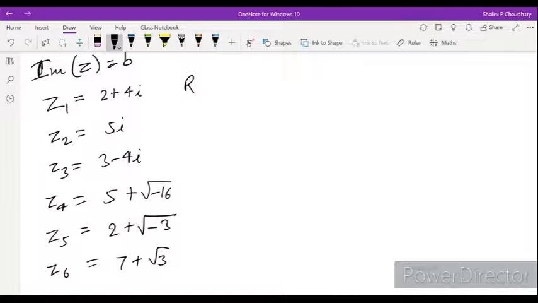In this case, real part of z1. So what is the real part of z1? 2. And what is the imaginary part of z1? 4. Okay, similarly in this case we don't have any real part, so how we can write? Plus 0 we can write.